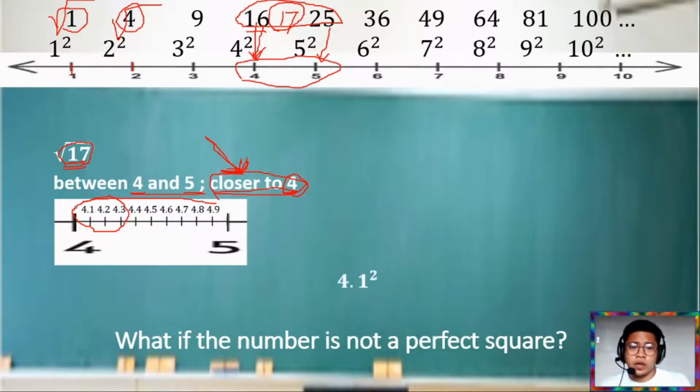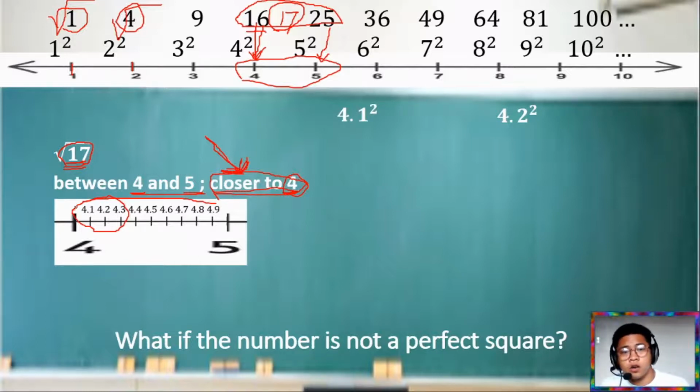Simulan natin with 4.1 and 4.2. Kung hindi uubra tong dalawang numbers na to, pwede nating gamitin si 4.3. So, tingnan natin mamaya kung pwede ba or kailangan pa bang gamitin si 4.3 or sapat na si 4.1 and 4.2. Simulan natin sa 4.1.